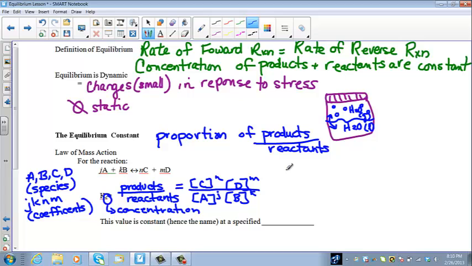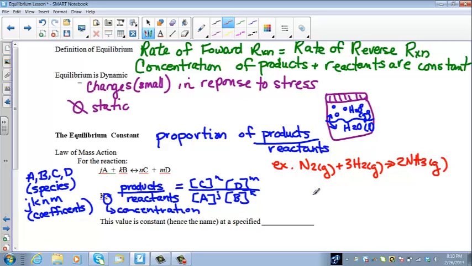So just to give you an example with something concrete, let's use N2 gas plus 3H2 gas yields 2NH3 gas.